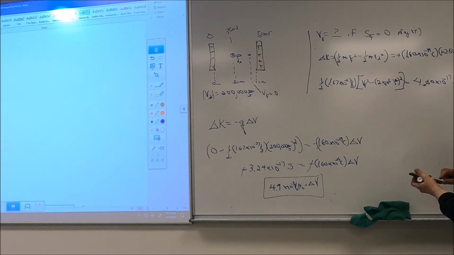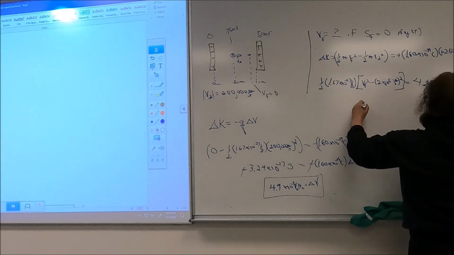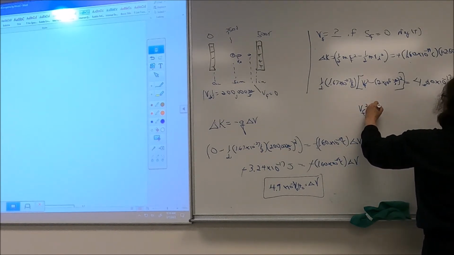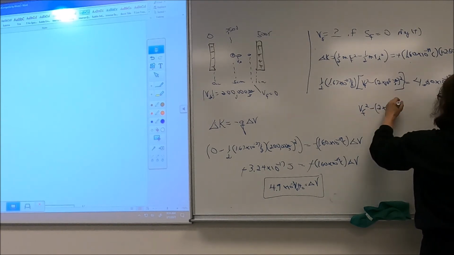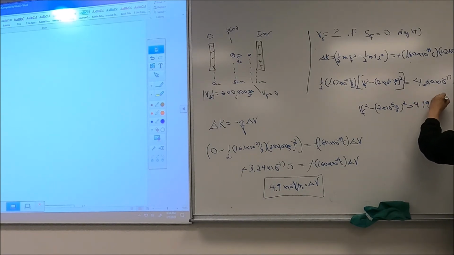So I multiply by 2, divided by 1.67 times 10 to the negative 27. So I have V final squared minus 2 times 10 to the 5 meters per second squared is equal to 4.79 times 10 to the 10.